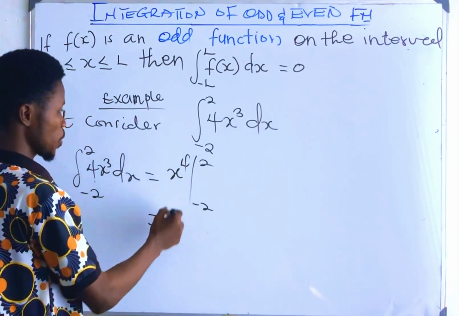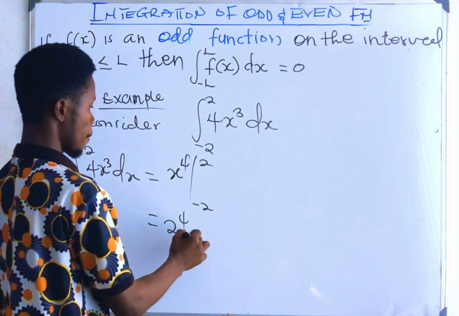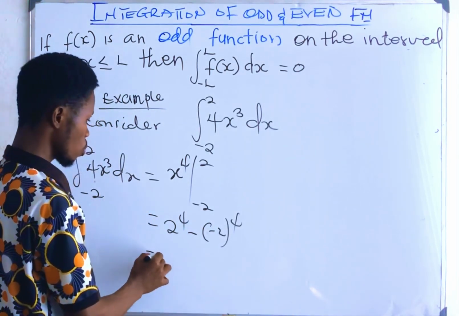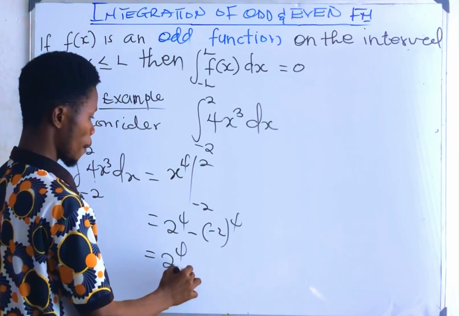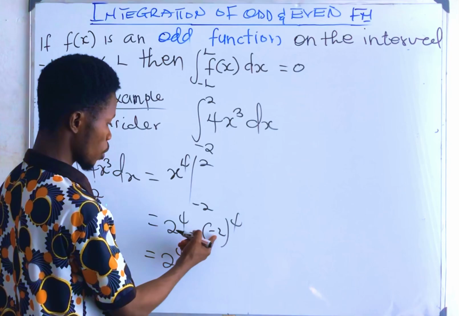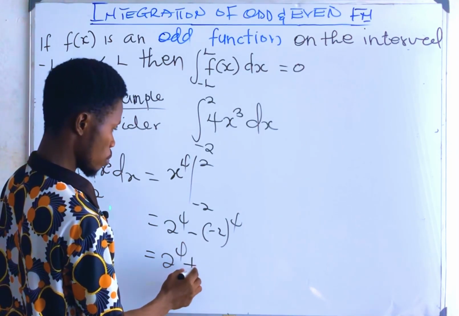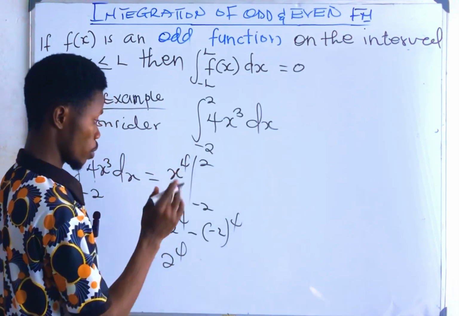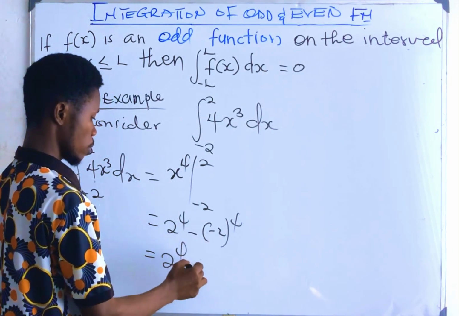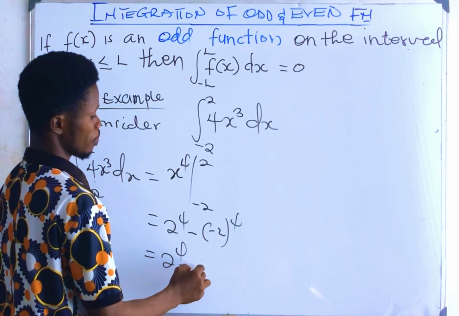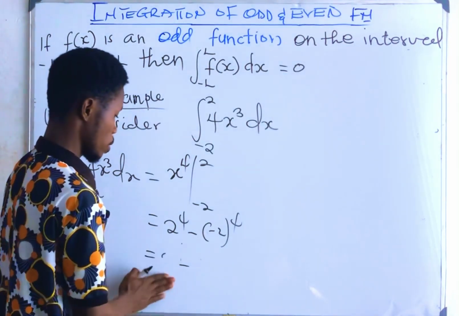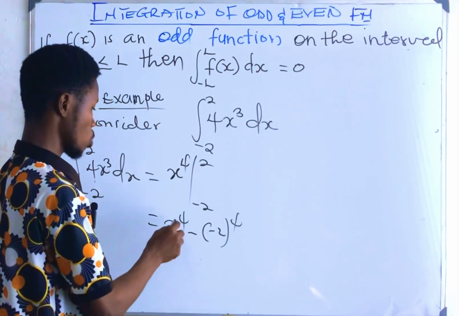If I do the substitution, I'm going to have 2 to the power 4 minus negative 2 to the power 4. 2 to the power 4 is 16.